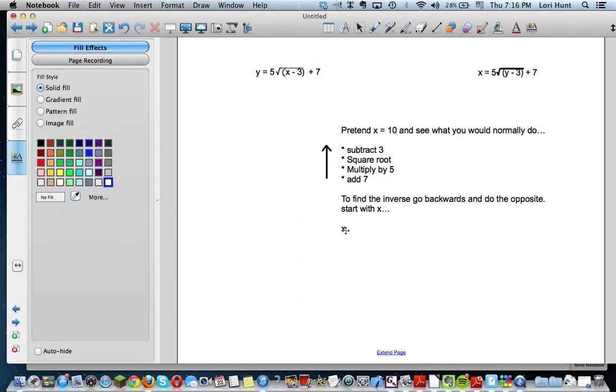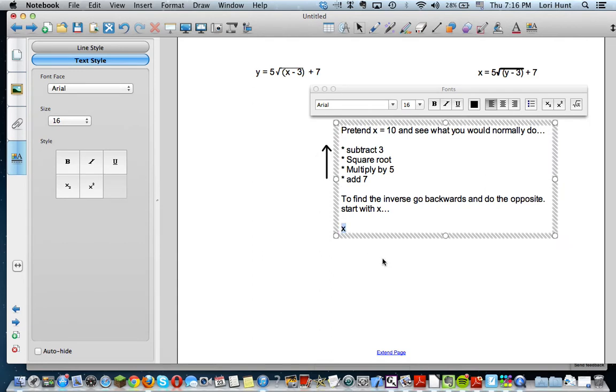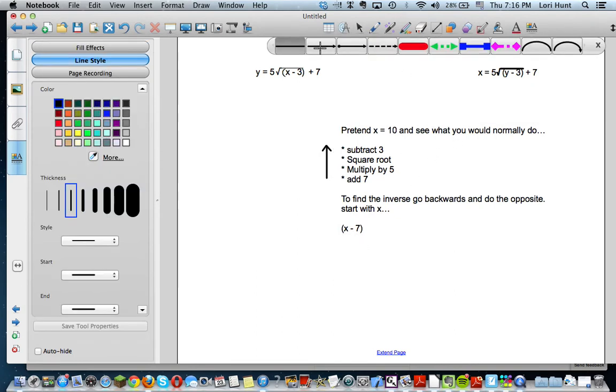So I'm starting with x, and now instead of adding 7, I'm going to subtract 7. So now I have x minus 7. And I'm going to recognize that that's a quantity. And then instead of multiplying by 5, I'm going to do the opposite, divide by 5.